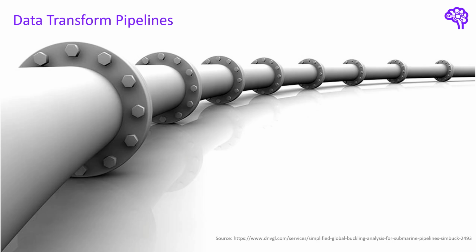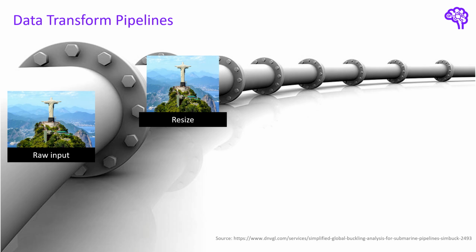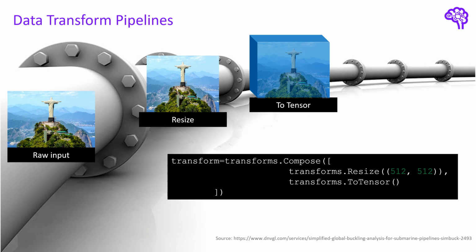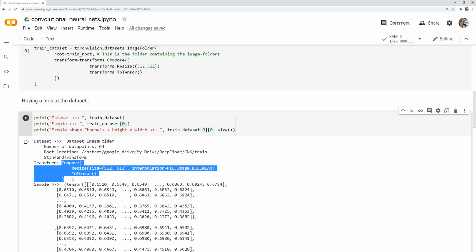For instance, we input an arbitrary image, and the first transformation is resizing it to a specific shape. After that, we, for instance, convert the image to a tensor, which can be used by PyTorch. PyTorch transforms Compose is doing exactly this task for us. Whenever we index any of the images in our dataset, the preprocessing steps will be applied automatically. So back in our code, this is what is happening in this compose part.